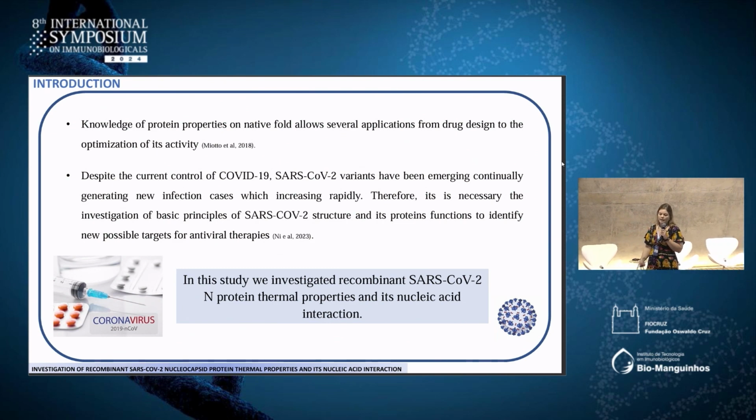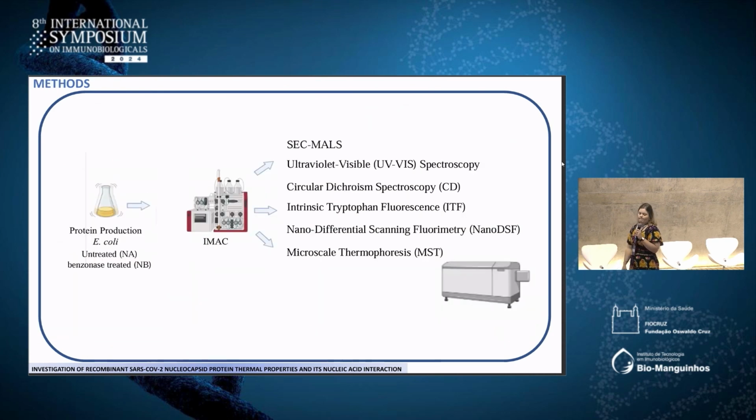So in this study, we investigated the thermal properties of the recombinant SARS-CoV-2 N protein and its nucleic acid interaction. We produced the N protein with nucleic acid (NA). For comparison, we used a nuclease treatment and produced the protein without nucleic acid (NB).